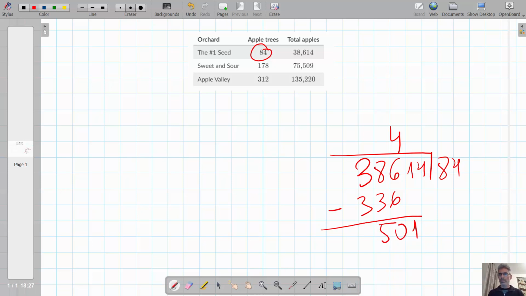Okay, 501. 84 goes into 501. How many times?